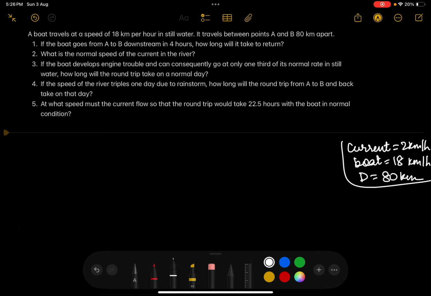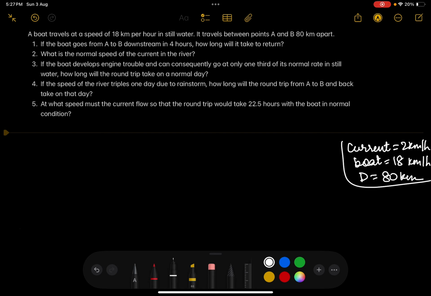Okay, now if the boat develops an engine trouble and can consequently go only at 1/3 of its normal rate in still water, how long will it take for a round trip on a normal day? Now what they are saying is that the speed of the boat, that is 18 km/h that we already have, will become 1/3 because of damage in the engine.